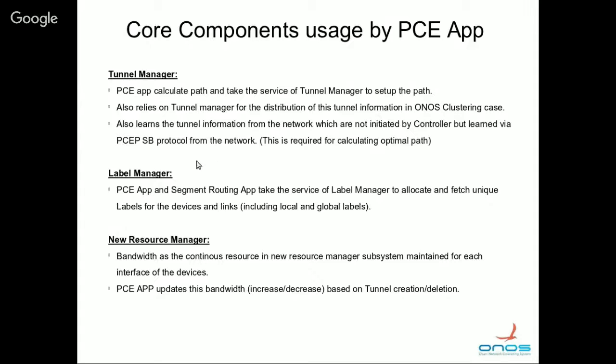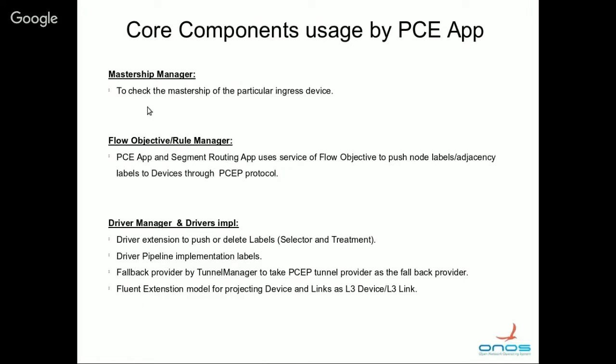And also the label manager, which we discussed for distribution, and the new resource manager basically for all the TE resources and other resource information about the network. And the mastership, yes, for the ingress device we need to know the mastership, and the flow objective to push the labels into the corresponding devices in the network, like global labels and adjacency labels.